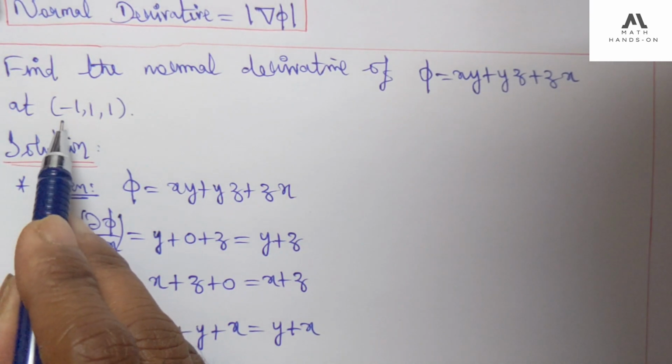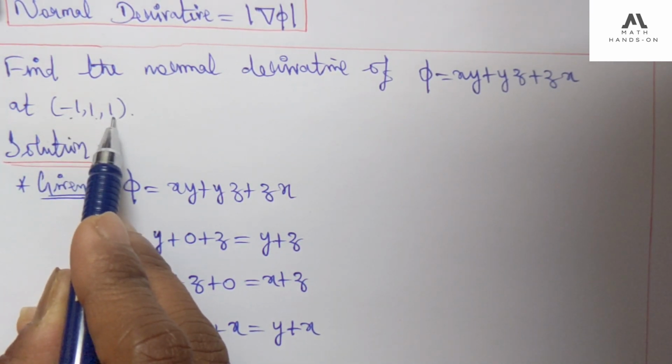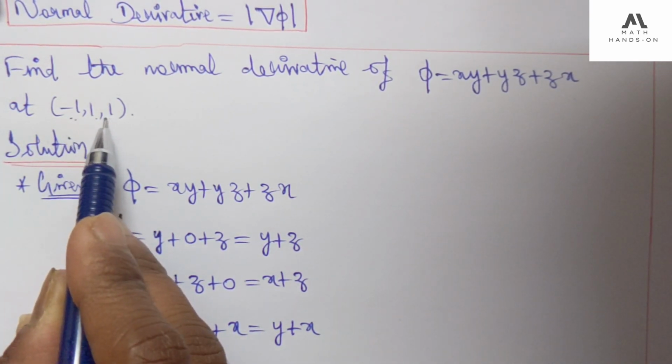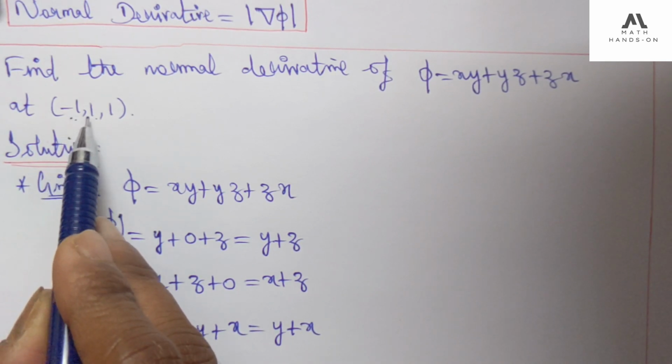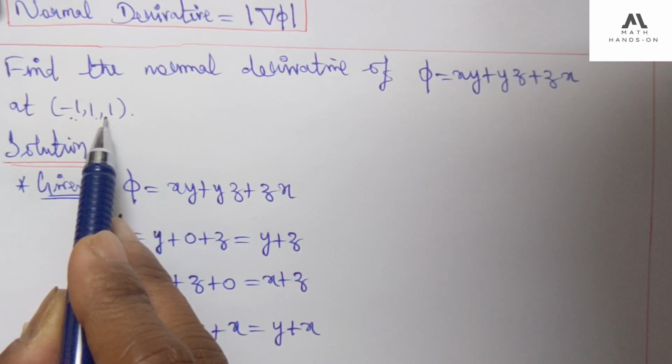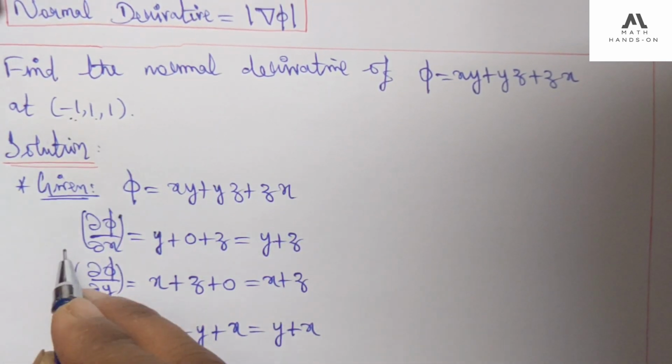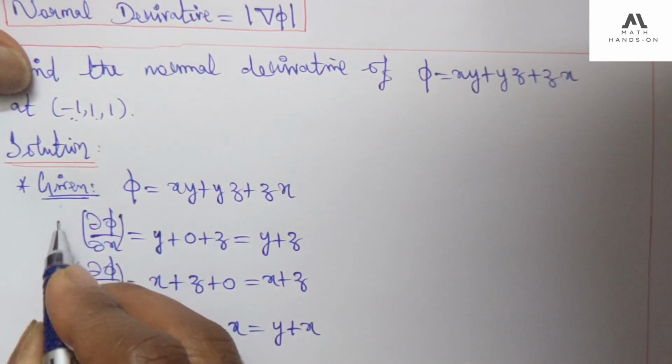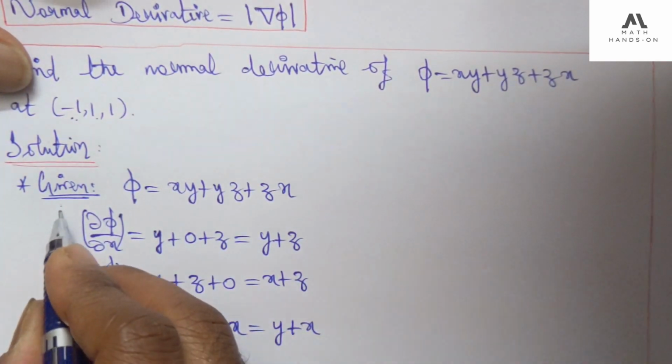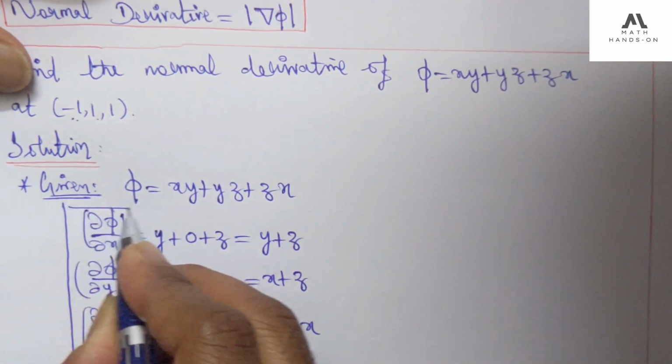Here we have minus 1, 1, 1, which is an ordered triplet: x equal to minus 1, y equal to 1, z equal to 1. Very simple. We will make this as a table.